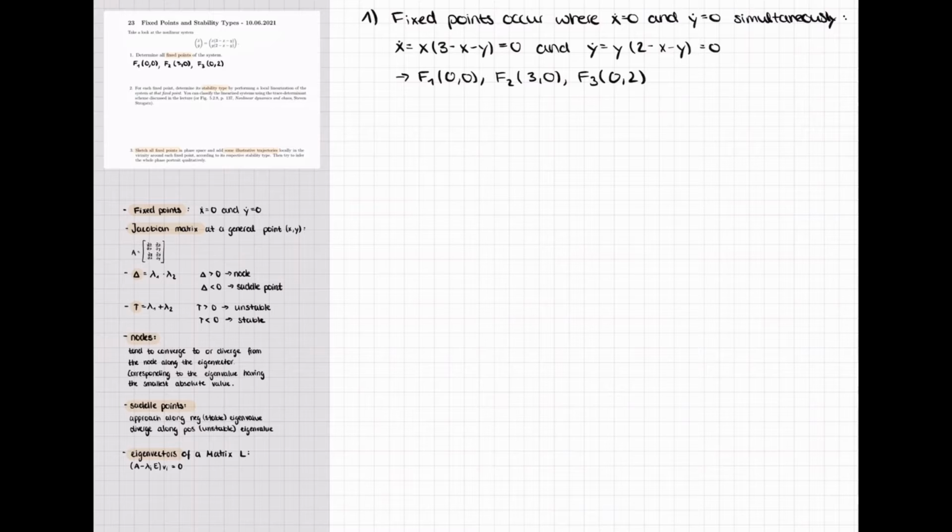Now that we have the fixed points of our system, we want to determine the stability type for each of them. For that, we will use the Jacobian matrix. The Jacobian matrix is a matrix where the entries are partial derivatives of x dot and y dot with respect to x and y. So let's build all the derivatives.